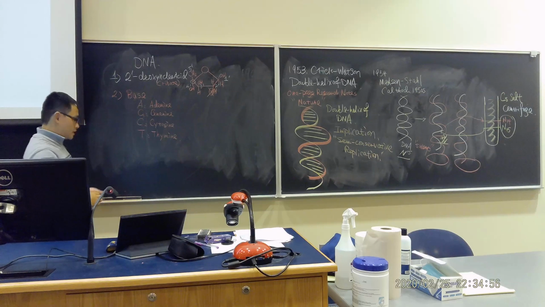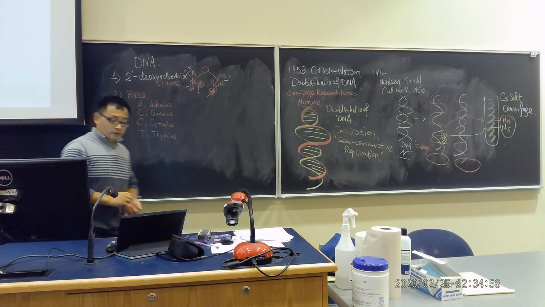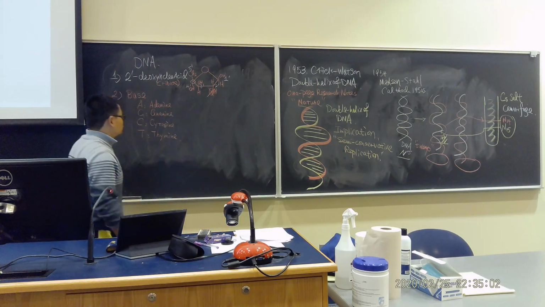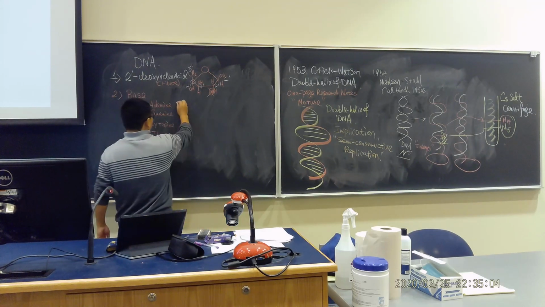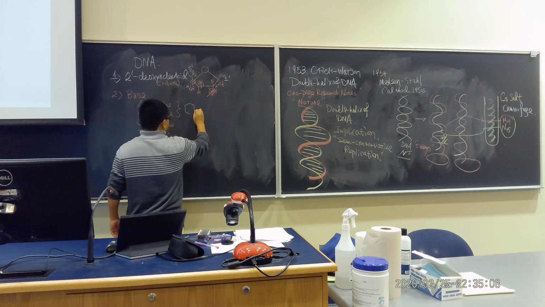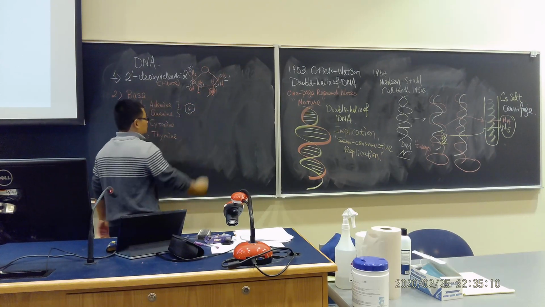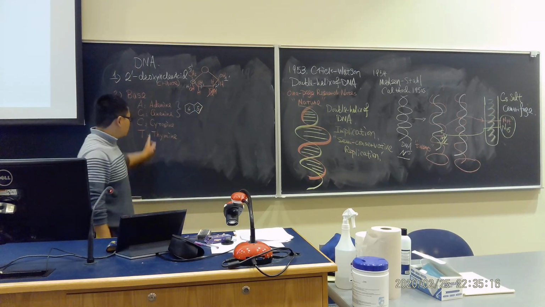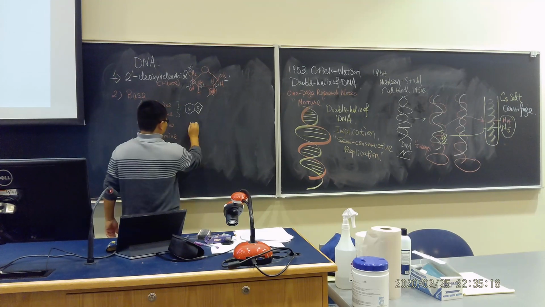Okay, what do they look like? I asked you to draw the ATP structure. We're not going to draw all of them, okay? What do these two look like? There is a 6 carbon ring with a 5 carbon ring. How about cytosine and thymine?